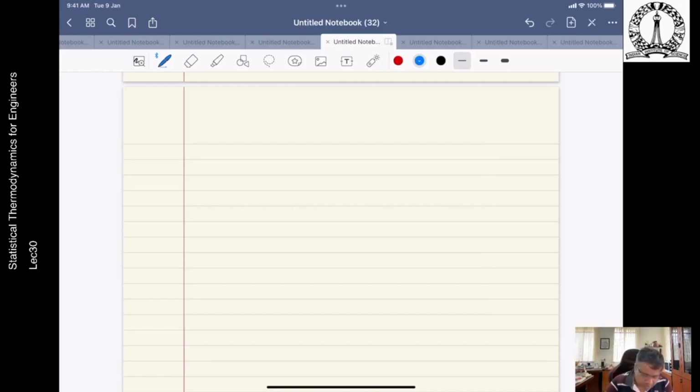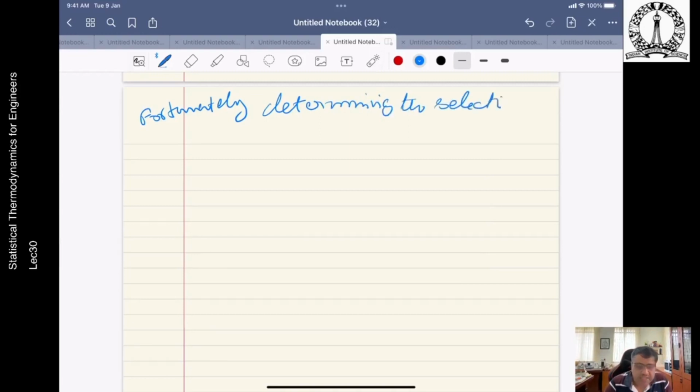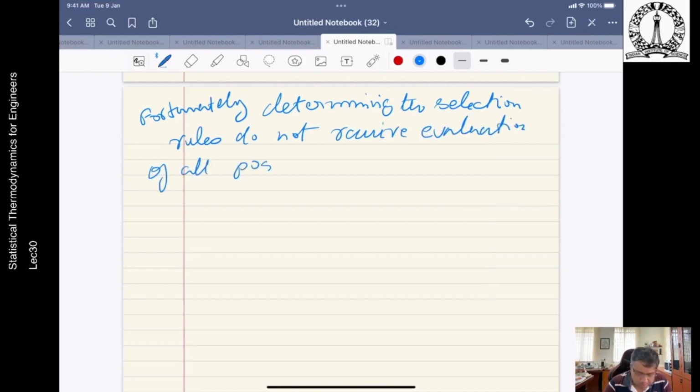However, fortunately, determining the selection rules does not actually require evaluation of all possible transition dipole moments.